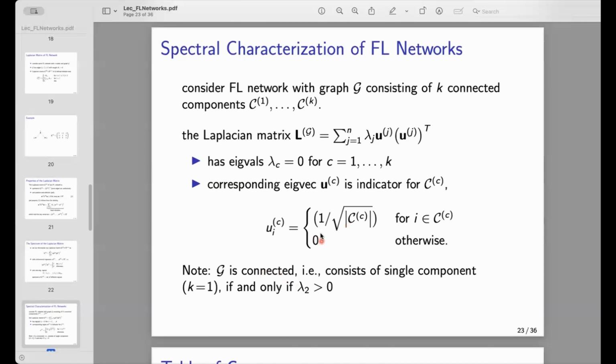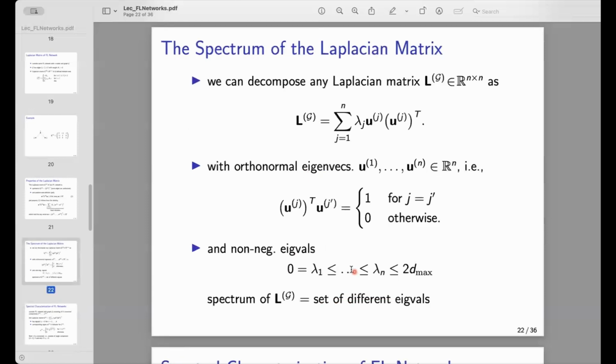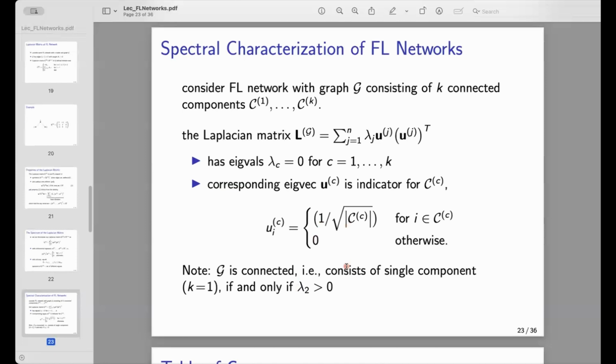An important consequence of this property that I want to highlight is this lambda 2, this second eigenvalue in this ordered list of eigenvalues according to their multiplicities. There might be several eigenvalues having the same value, but they are accounted for several times depending on their multiplicity.